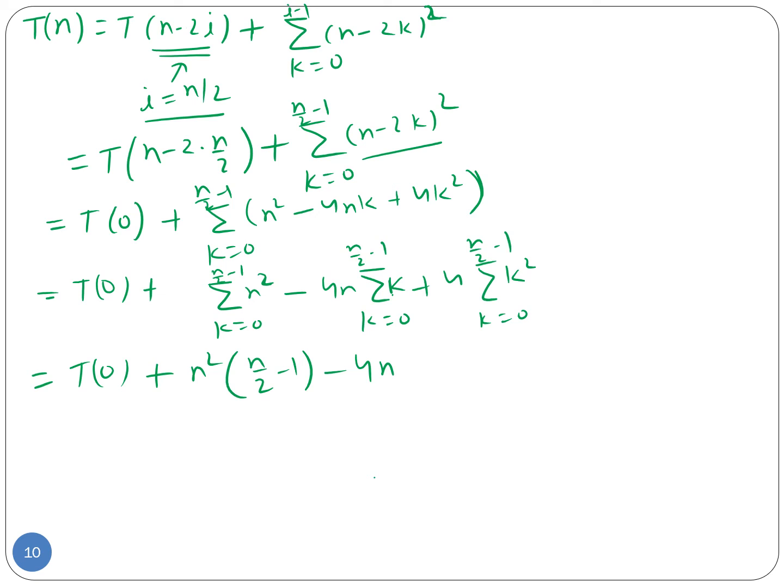Notice that this term is similar to that series, remember, 1 plus 2 plus 3 and so on up to n by 2. Recall that the sum of the first n natural numbers is given by n times n plus 1 by 2. In this case the sum only goes up to n by 2 minus 1, but this is still going to be theta of n square.